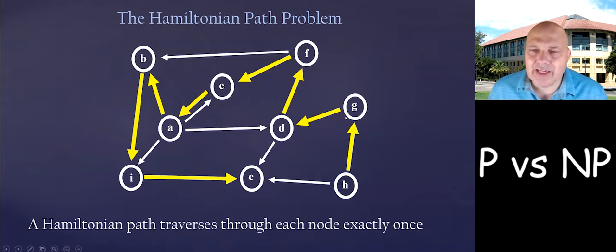It starts at H, goes all the way to C, and in between it visited all nodes. We can also talk about a Hamiltonian cycle. In that case, we would also need the edge between C and H in the right direction. But this is a Hamiltonian path.